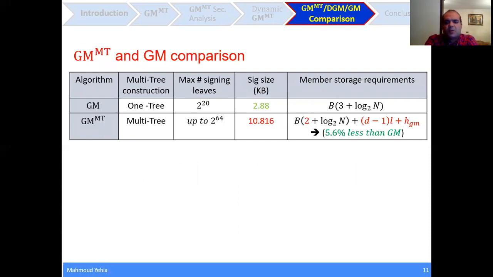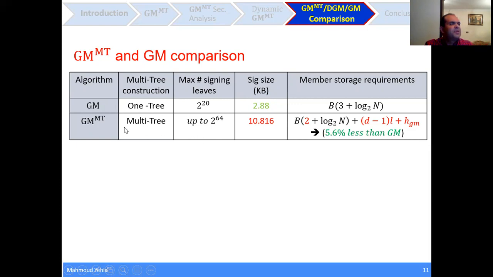Here we provide the comparison between GMMT and group Merkle and dynamic group Merkle. For the comparison with group Merkle, our scheme GMMT is a multi-tree construction, while it's only one tree construction in GM.